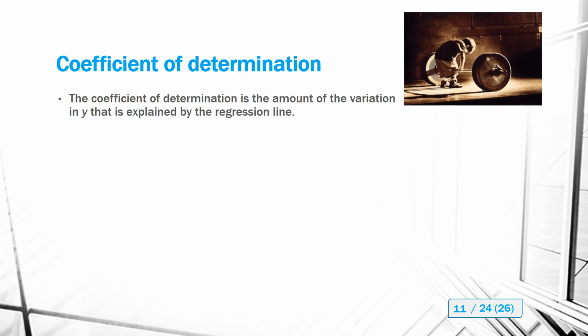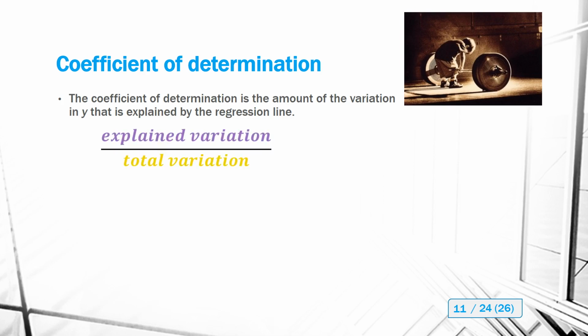Now, to actually quantify this, we use what's called the coefficient of determination. The coefficient of determination is the amount of variation in y explained by the regression line. So this is the explained variation in our regression model. Explained variation is simply a part of the total variation.